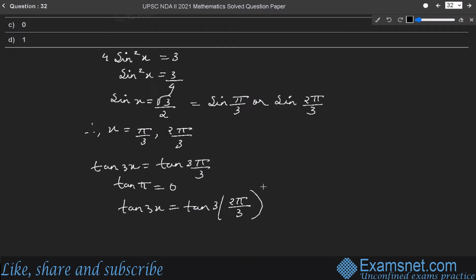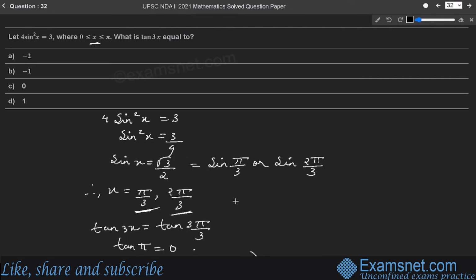See, we are putting the values, first pi by 3, then 2 pi by 3. So when we put x is equal to pi by 3, we get tan pi is equal to 0. And when we put x is equal to 2 pi by 3, we get tan 2 pi is equal to 0. So in this way, we find the value for tan 3x. The values are 0. Therefore, the correct option for this question is option number C, which is 0.